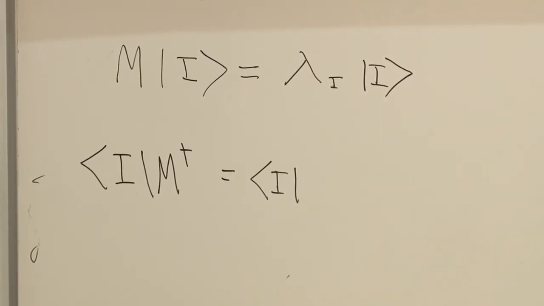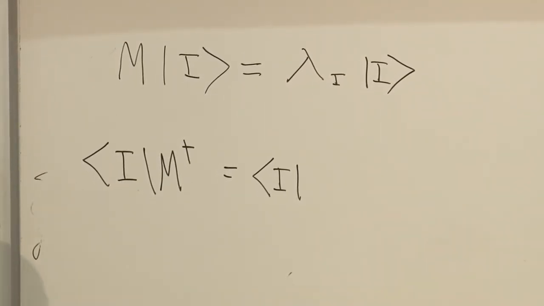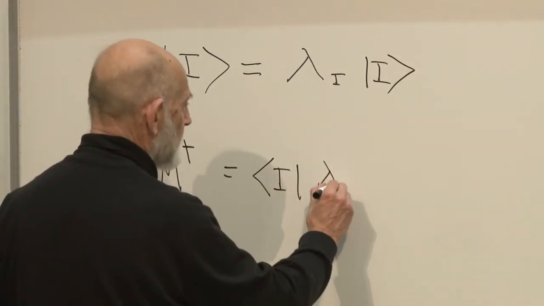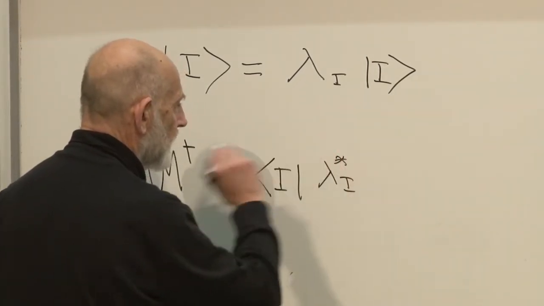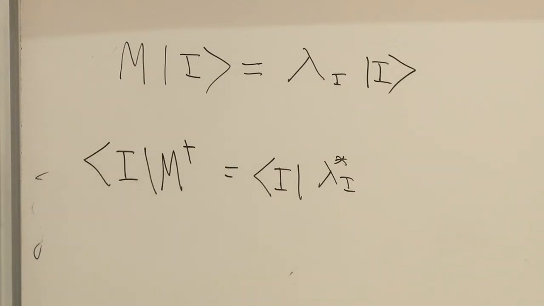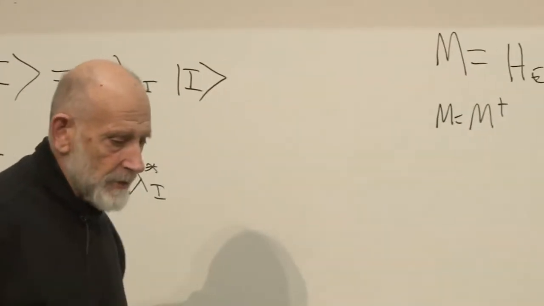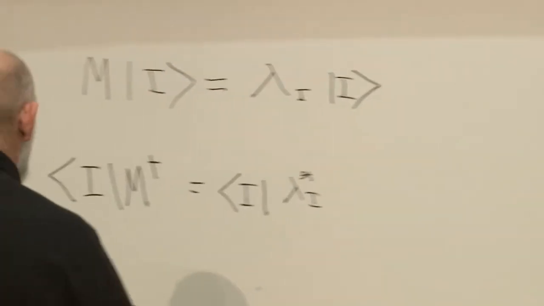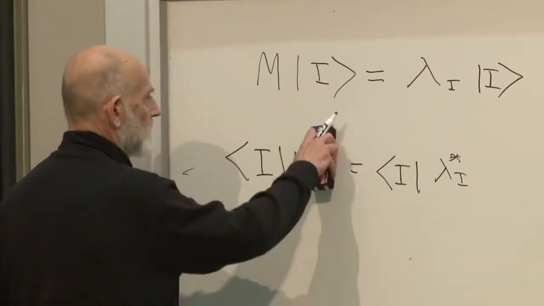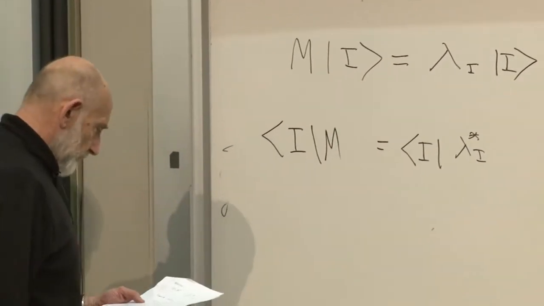Complex conjugate. Complex conjugate lambda i. So far, we haven't proved that it's real. Every time you flip from bras to kets, you have to complex conjugate all the numbers that are there. All right, but now, assumption, M is Hermitian, so it's equal to its own Hermitian conjugate. And now we have this equation.